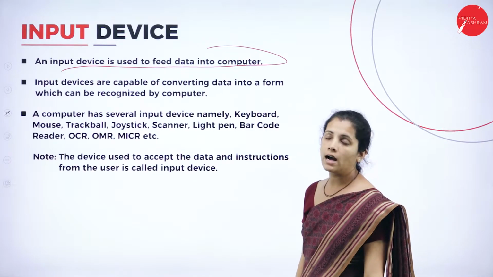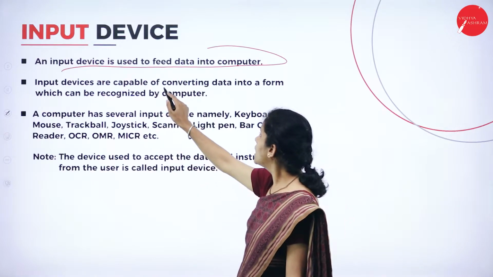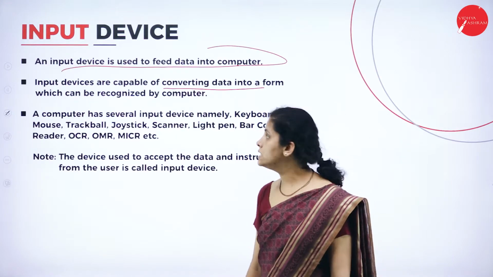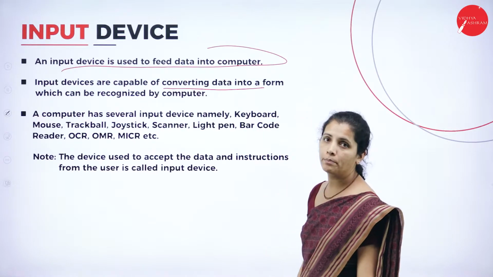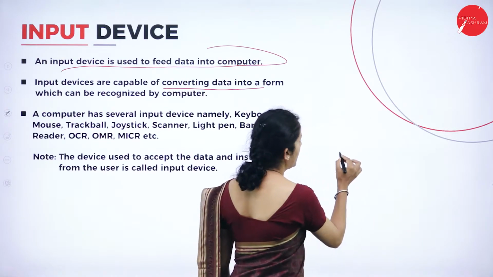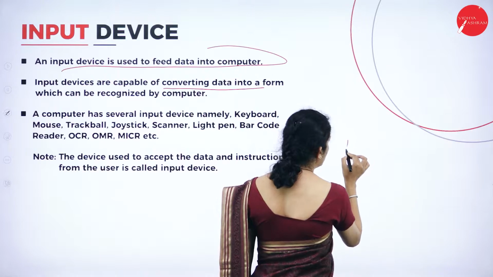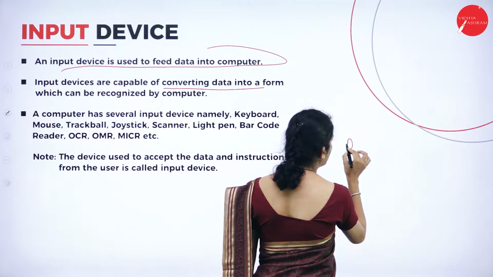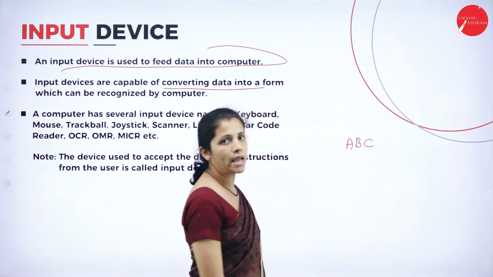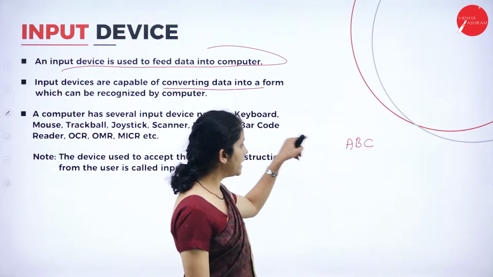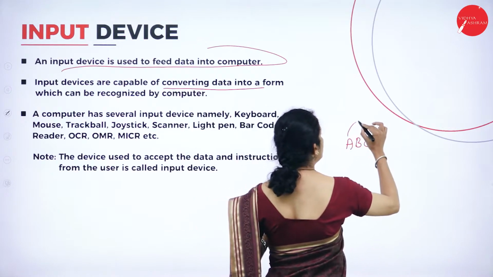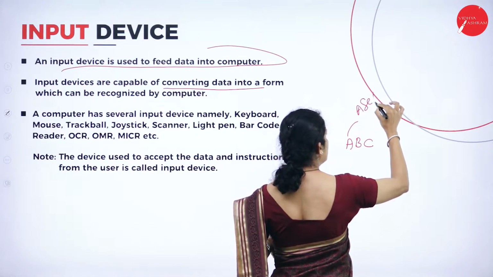Here an input device is capable of converting data into a form which is recognized by the computer. For example, think that I'm going to type A, B, C, and whatever letter I press on the keyboard is converted into ASCII.